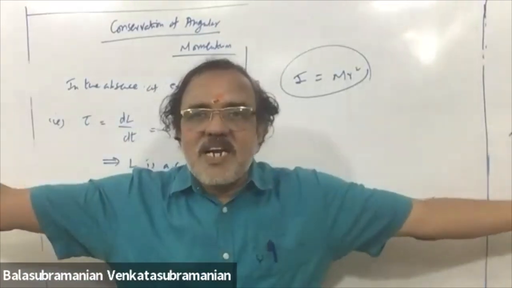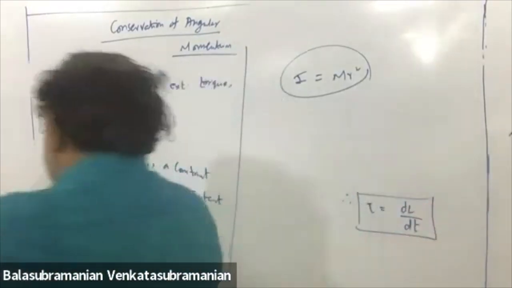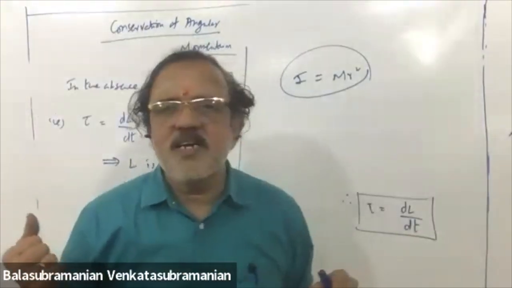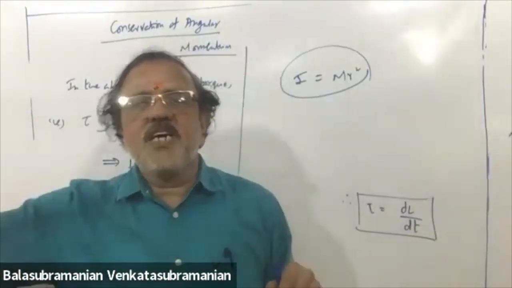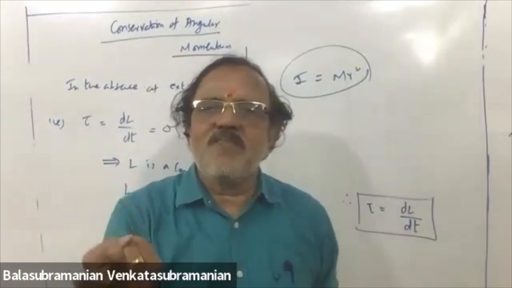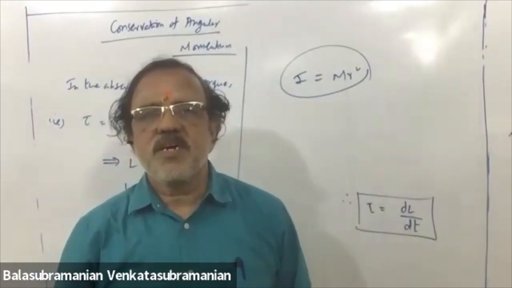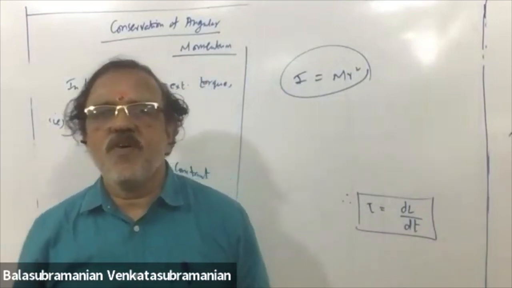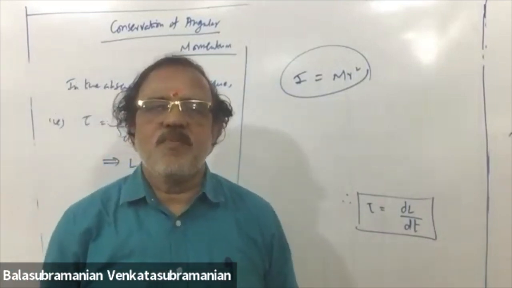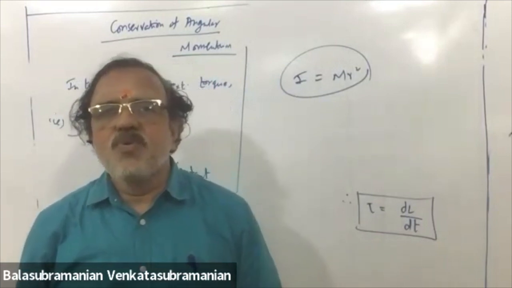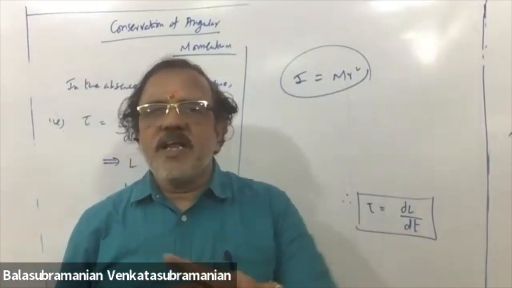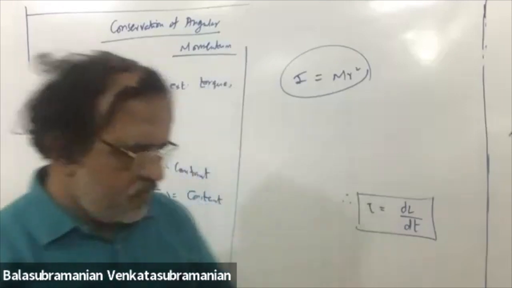But when he is extending his arms and rotating, what is happening here? Moment of inertia is more, so angular velocity is less. Okay. So this is the best example for conservation of angular momentum, where we can prove I and omega are inversely proportional.